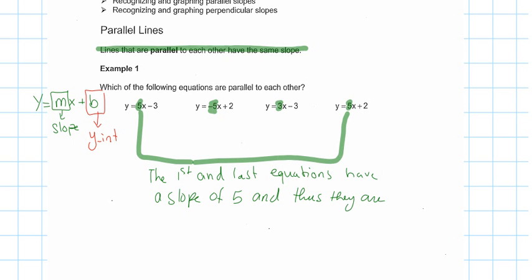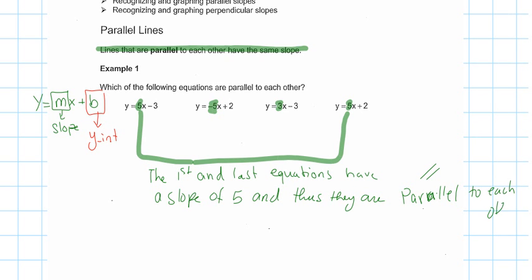Okay, I'm going to write parallel for the last time, and then from now on, this is the symbol that I will write for parallel: I draw two lines that are parallel to each other. You guys write the word, that doesn't matter to me.